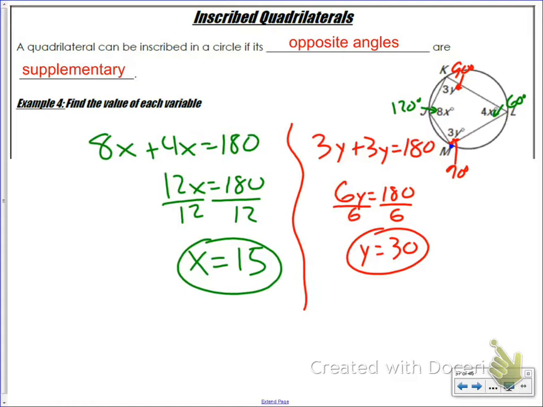So go ahead and add them all up. I have 120, 60, 90, and 90. I'm going to get 360 as the sum of all four of those angles. Just a way to check your answer.